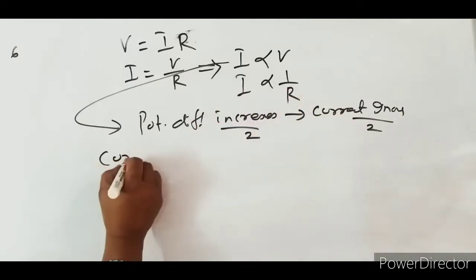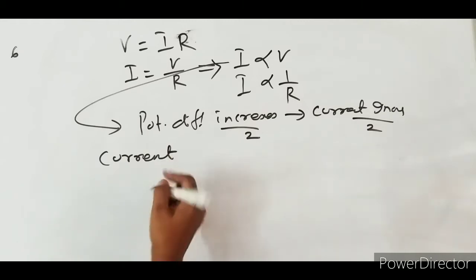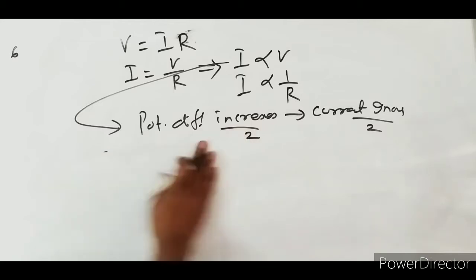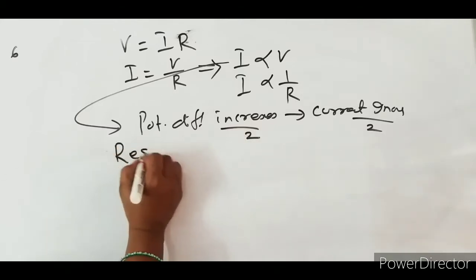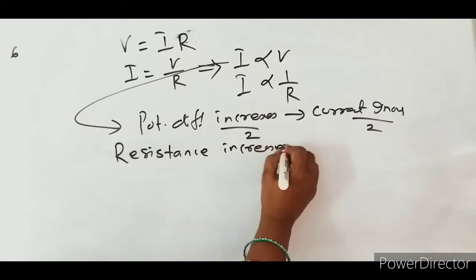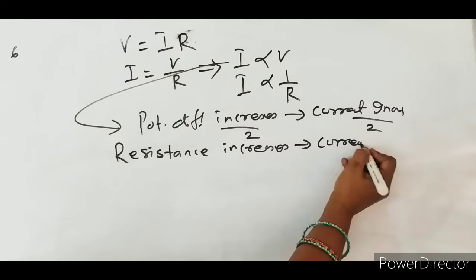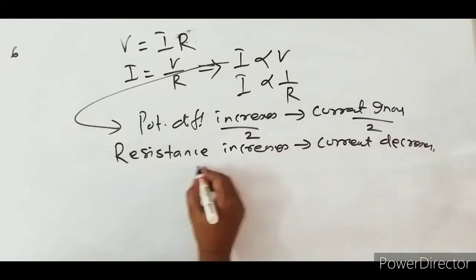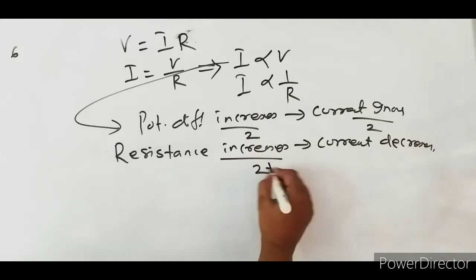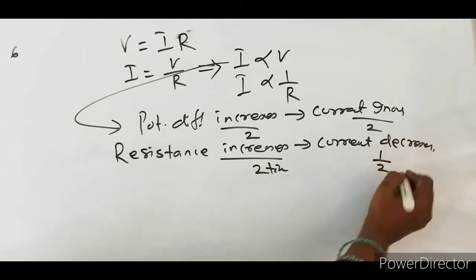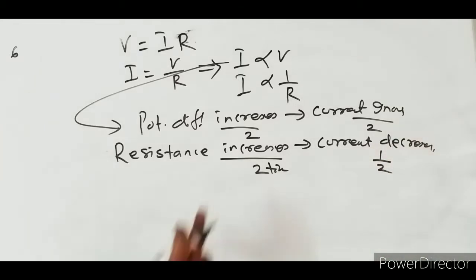When resistance increases, current decreases, and vice versa. If resistance increases 2 times, current decreases, which means current will become half.